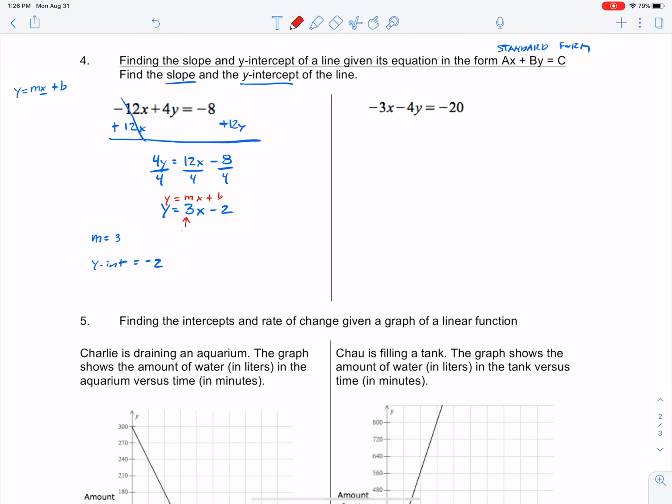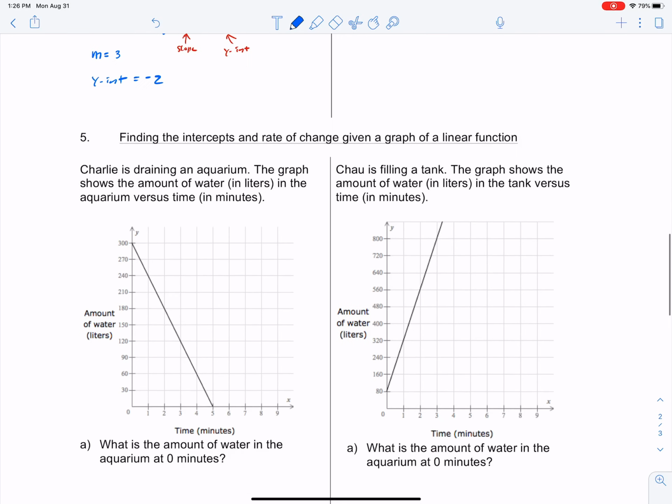So the 3 is my slope, and the negative 2 is my y-intercept. Again, the x is not attached to that 3. It's saying 3 times x, the slope times x. And go ahead and try the one on the right on your own.